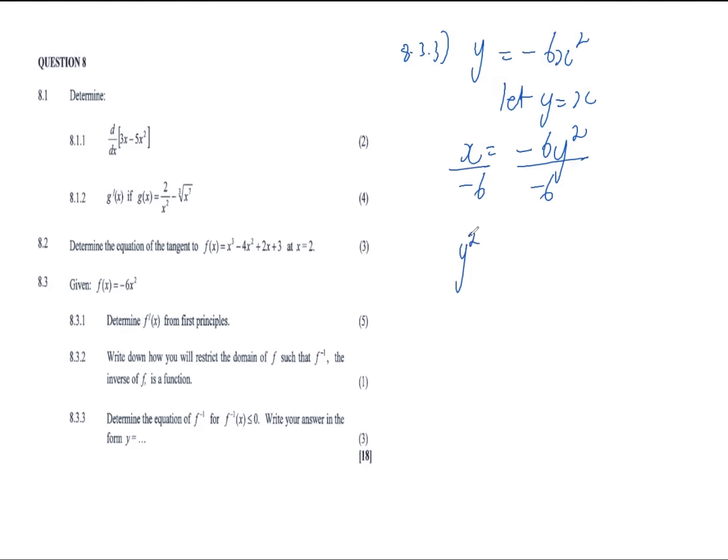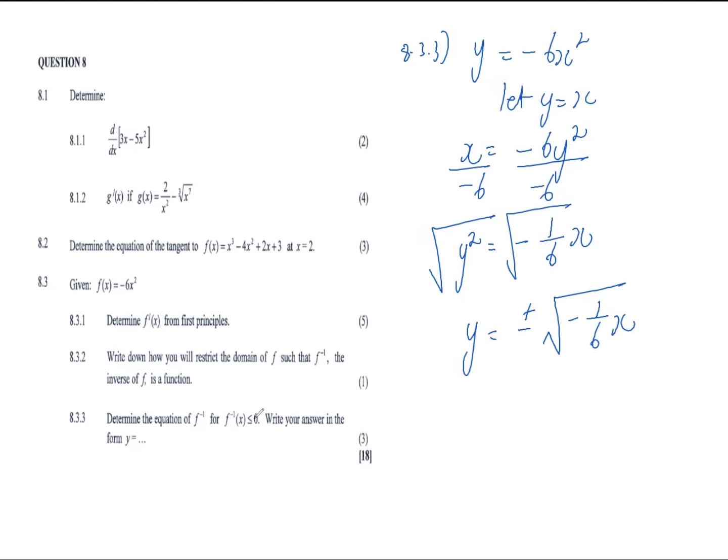So that means I will have y squared is equals to negative 1 over 6x. This is the same as x over negative 6. So it's negative 1 over 6x. But then this is what I then do. Square both sides, and then my y is equals to plus or minus root of negative 1 over 6x.